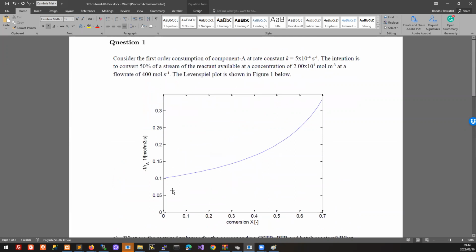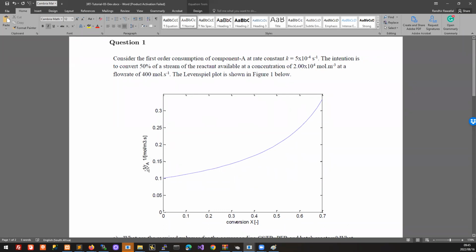Here, of course, we are given minus 1 over RA, and we want to achieve 50%. So it's a simple matter of reading this off. At 50%, we can see it's around 0.2.